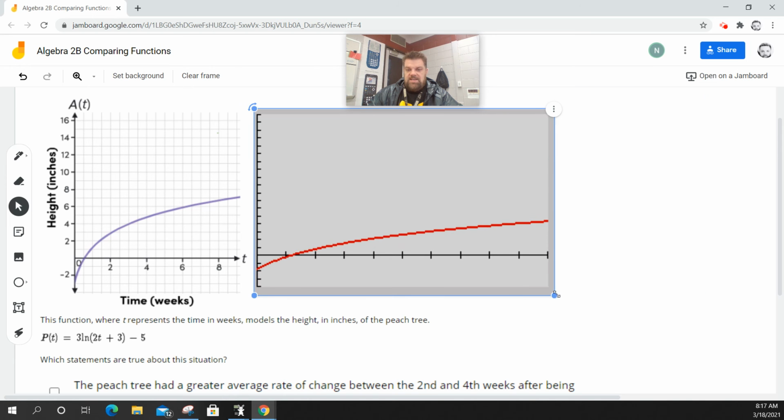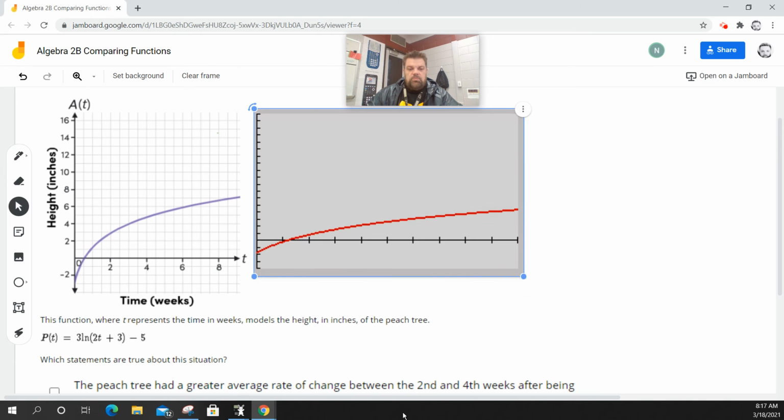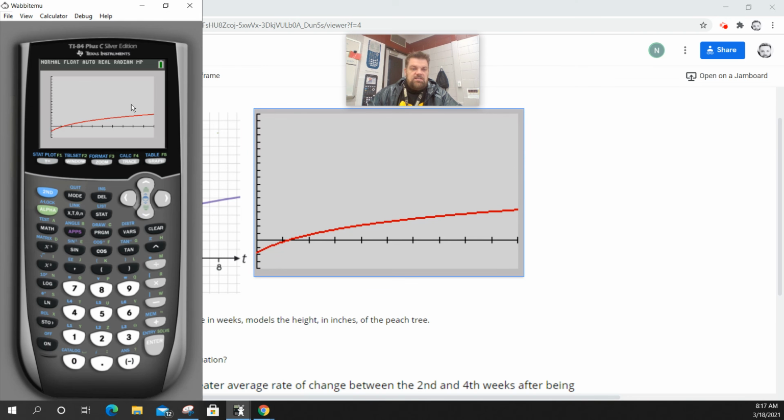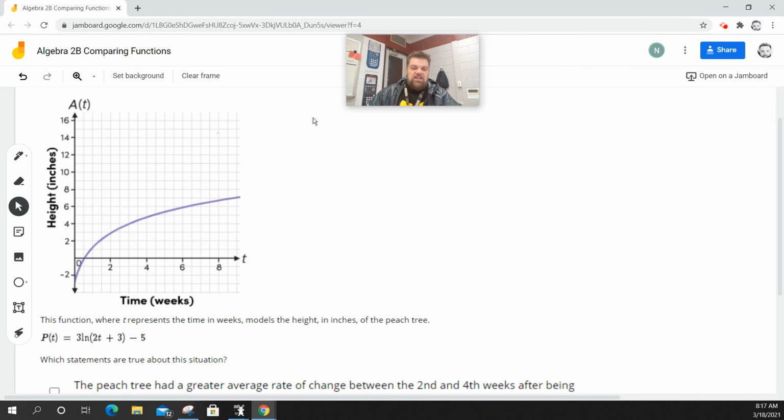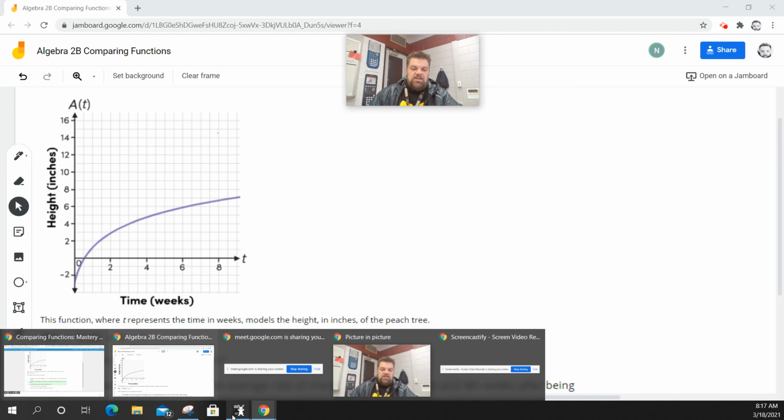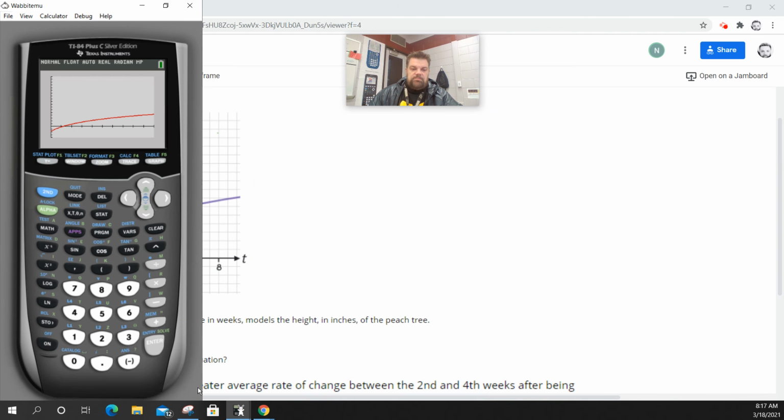It's still not quite to scale, but there's some things that, oh, wait a second. I got to change this because look at this. I can't use that. First thing that I noticed is this. My graph goes way past the y-axis. So I have to change my window a little bit.